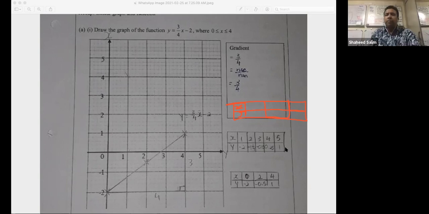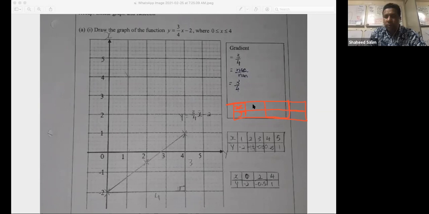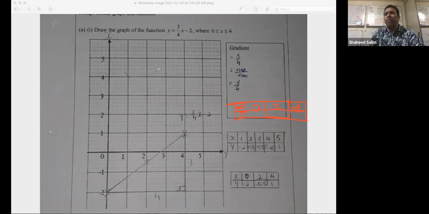What are the points you chose, Emma? What did you choose for x? Have you done? 0 to 4. So you found your answer, eh? How am I supposed to find y? You've forgotten. Okay, look here.